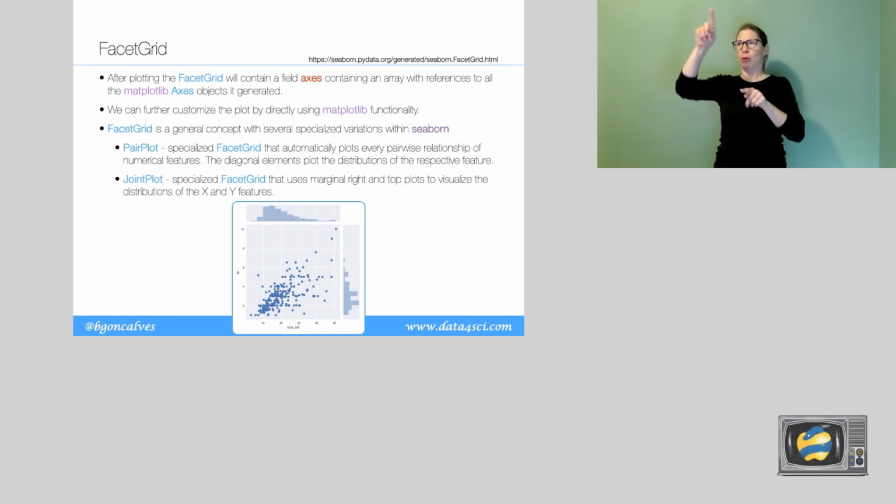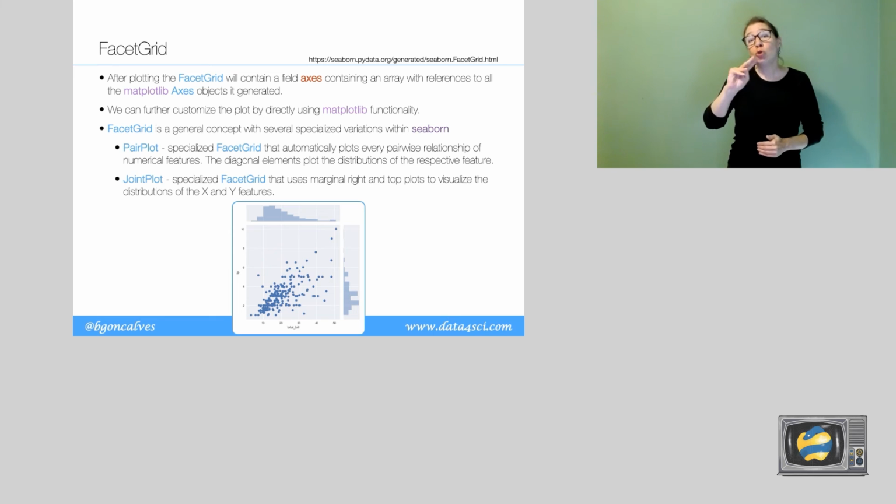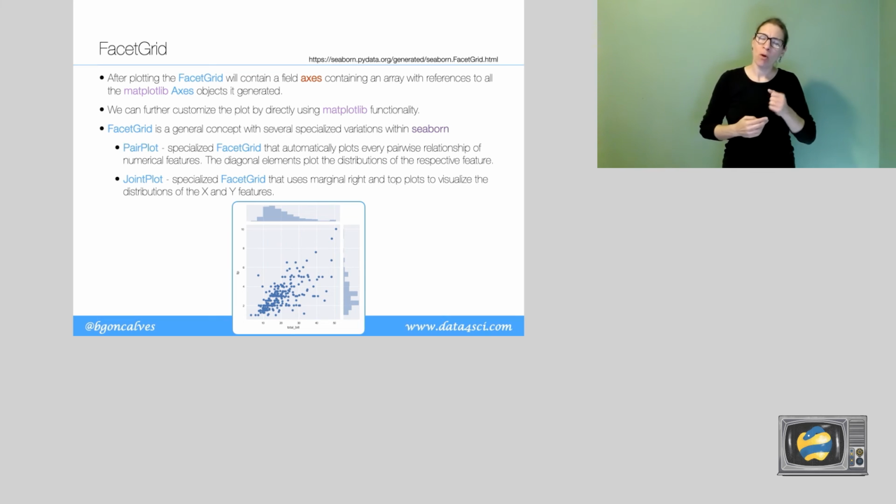Joint plot will generate some main plot in the center, and on the margins of this plot will generate the distribution of points along the x and y dimensions, as we have in this example here. These marginal plots are useful when you're trying to understand the distribution of points in your data, both in the x and y dimensions.